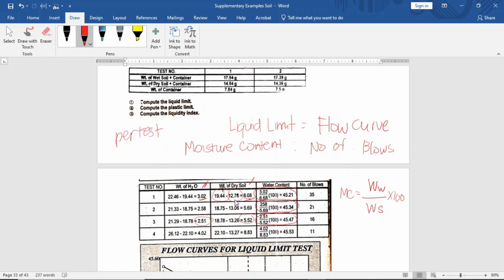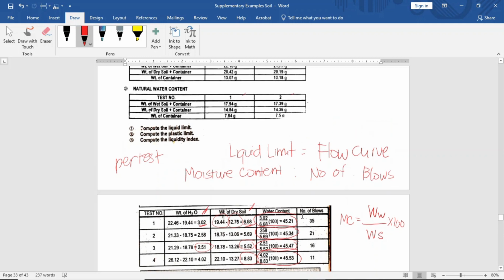So, para naman sa test 4 is 4.02 divided by 8.83. Yan yung para sa water content natin sa test 4. So, magkakaiba yung water content natin para sa test 1, test 2, test 3, and test 4. So, since magkakaiba yun, alam na rin naman natin magkakaiba yung number of blows.